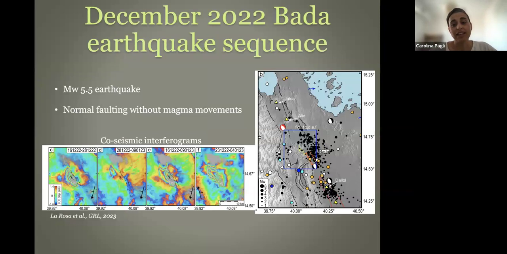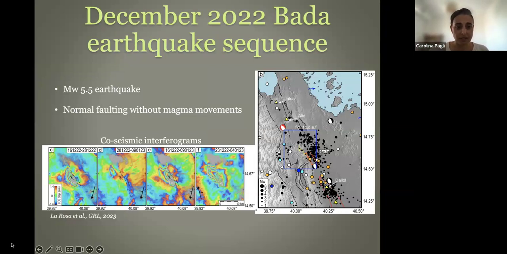They are also fairly different. The one to the south, the earlier one, clearly started with a magnitude 5, and you see clearly from the deformation that this can be explained only with a normal faulting earthquake. The seismic sequence of Bada has this peculiarity: first we saw the fault slip of a plane dipping west.